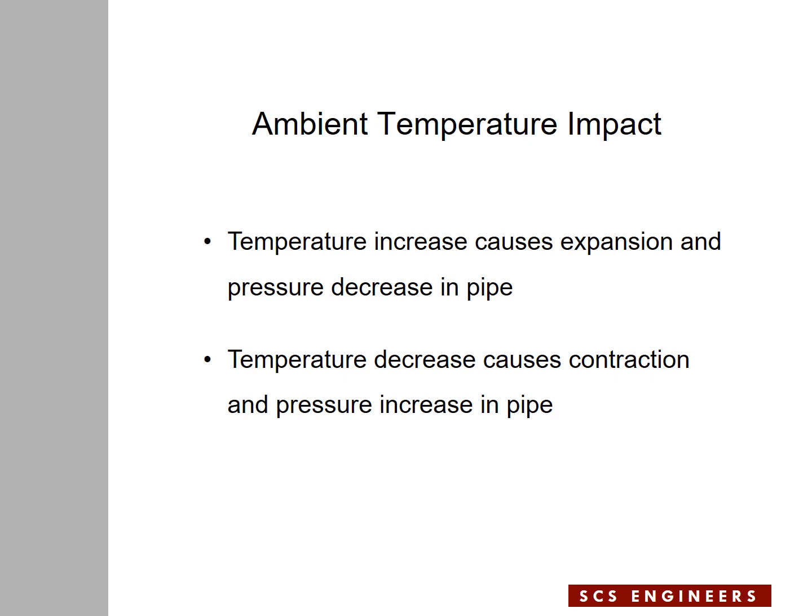This is simply because of the change of the inside volume of the pipe. On the contrary, temperature could decrease, which causes contraction, and the pressure inside the pipe increases as a result of the contraction.